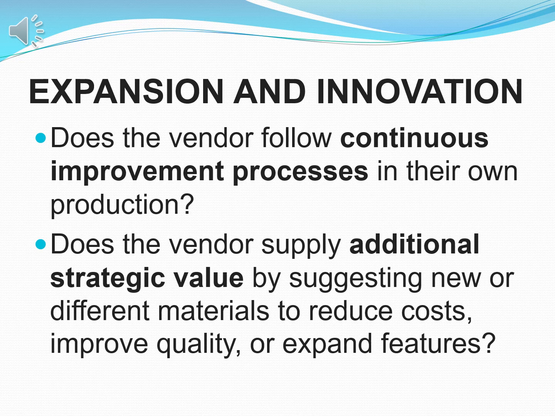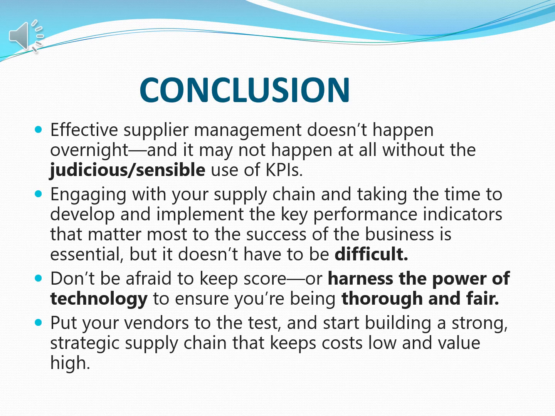This is very important, especially in our strategic partnership with our supplier. It is very important that they come with additional suggestions for new value for our products, or advise us, and at the same time help us to innovate our product or our services. These are a few of the KPIs for vendor management.